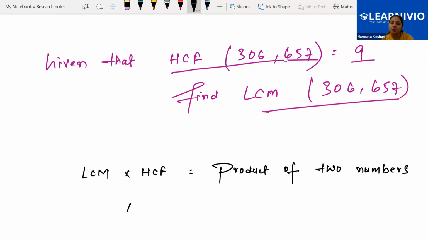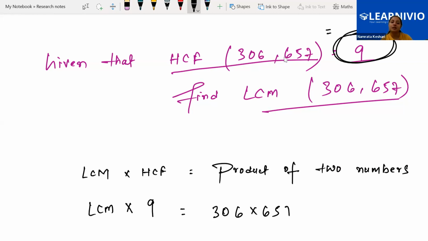We don't know what the LCM is. HCF we know, that is given over here as 9. HCF of these two numbers is 9. We are writing 9 over here is equal to LCM, we don't know, times the product of two numbers, that is 306 into 657. Please find the LCM from here by doing the calculation.